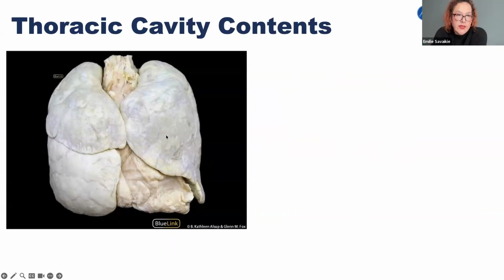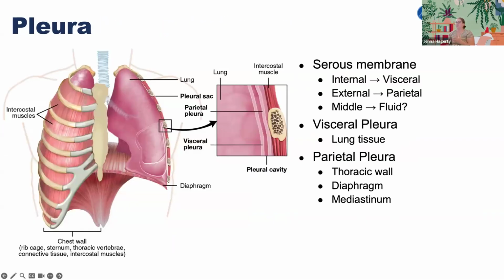Okay. So this would actually be the visceral pleura. Yeah, that's going to be the visceral pleura on that lung, the shininess on the lung. So when we're talking about pleura, we're talking about the lining within that thoracic cavity and along the lung itself. We also call it mesothelium. So it's a simple squamous epithelial layer.